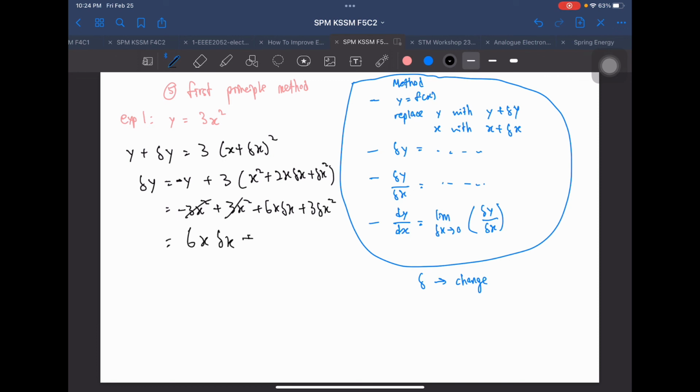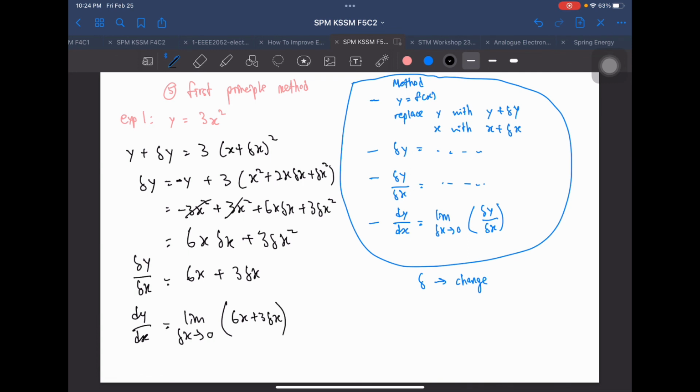Now you divide both sides by delta x. So you got this. And the last part, you apply dy/dx equals the limit as delta x approaches 0 of delta y over delta x, which is this.